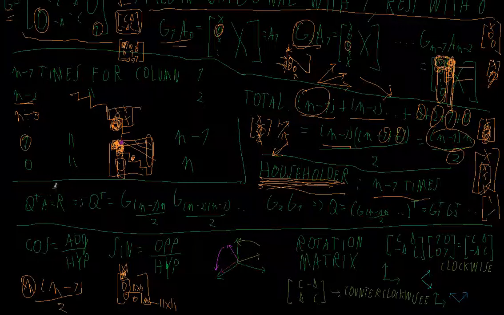Now remember that A is equal to QR, where Q is orthogonal, so its inverse is its transpose.